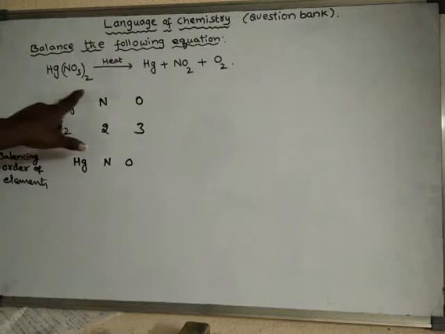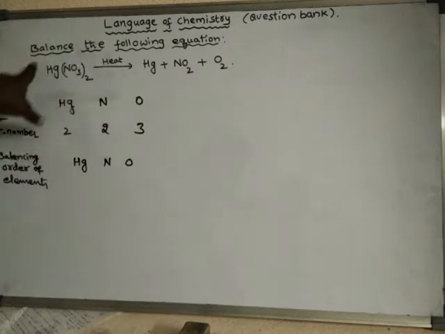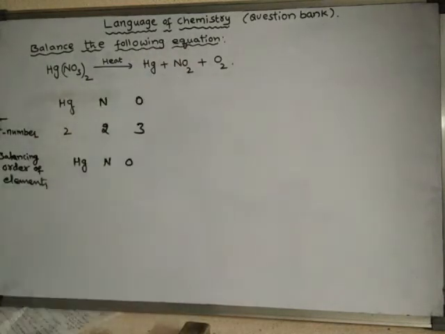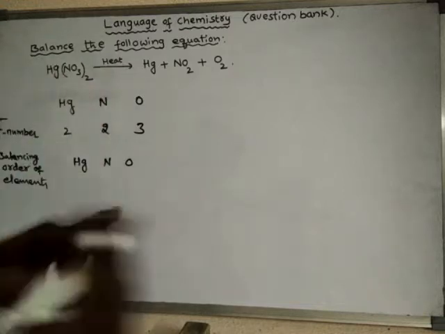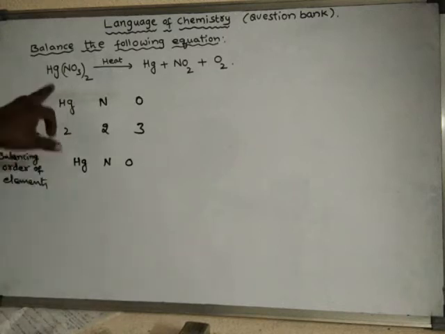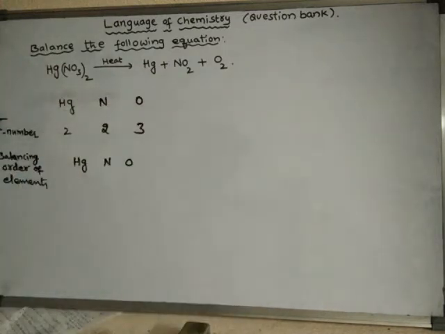The number of atoms of an element present on the reactant side should be equal to the number of atoms of that element present on the product side. If the element is present in the same number on both sides, then it is said to be balanced. Like that, the number of atoms of each and every element should be the same on both sides of the equation.